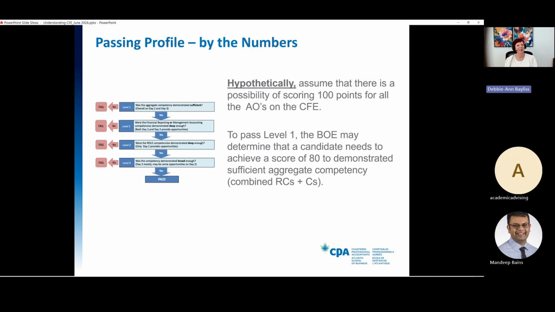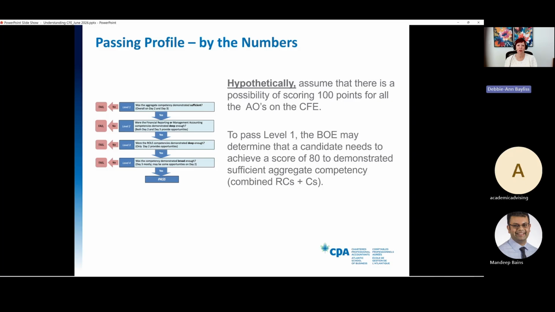So as accountants, let's use some numbers. Now I want to caution you. This is all hypothetical. The only people who know what is needed to pass each of the levels is the Board of Examiners and the markers.